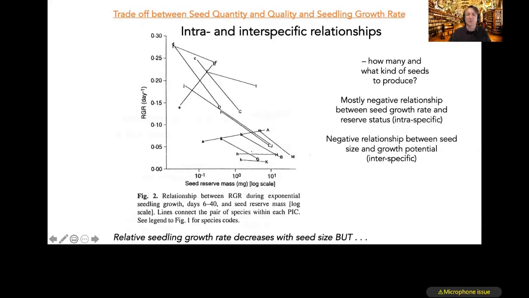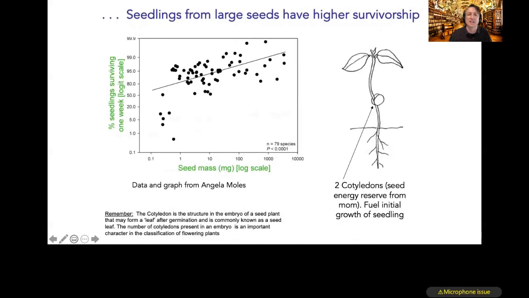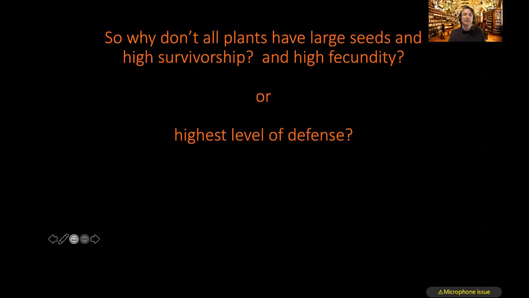So relative seedling growth rate decreases with seed size, but seedlings from large seeds have higher survivorship. What I want to emphasize is that differences in allocation, depending on the environment, are reflected in differences in survivorship and or differences in allocation to reproduction.